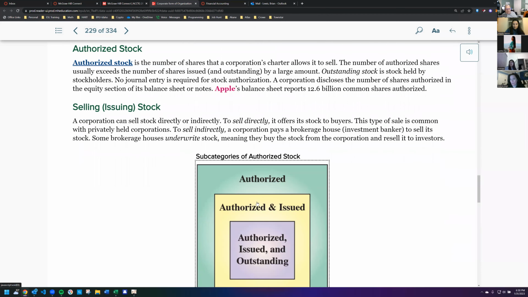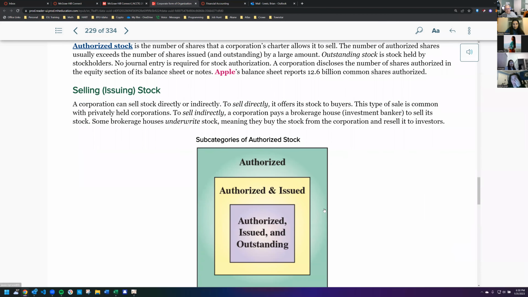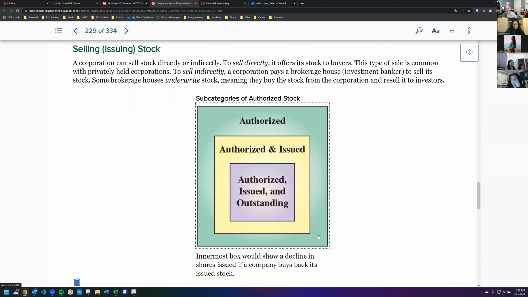If I put this in our own personal terms, in gospel terms, it's perfection. It's the total value of what we could be at some time in the future. But in stock cases, it's the total amount of shares that could be issued sometime in the future.